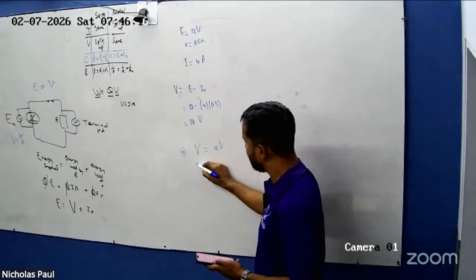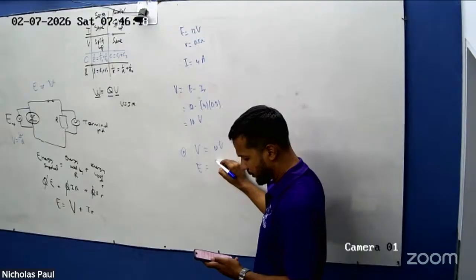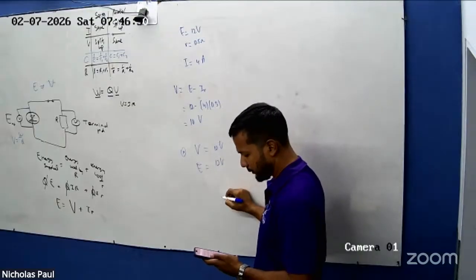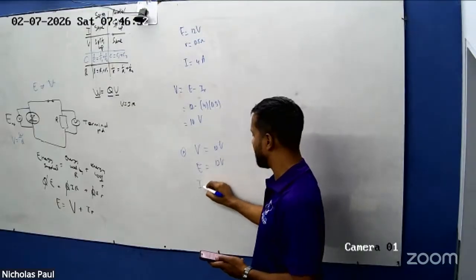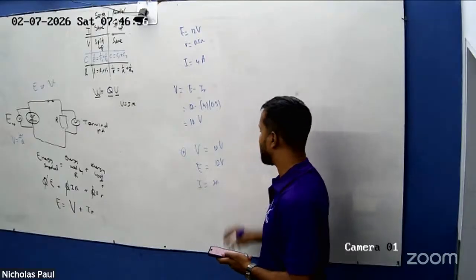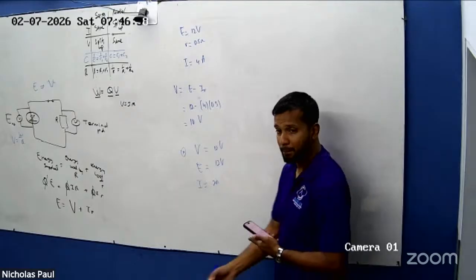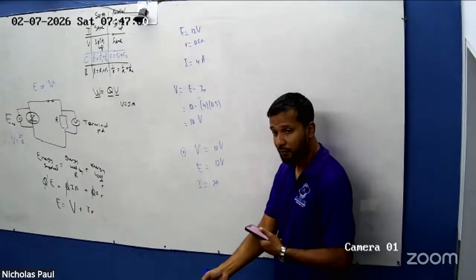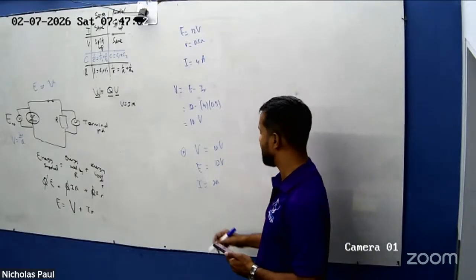They gave you the EMF, 12 volts. And they gave you the current, which is 2 amperes. So they've given you R already, right? You should be able to get R.